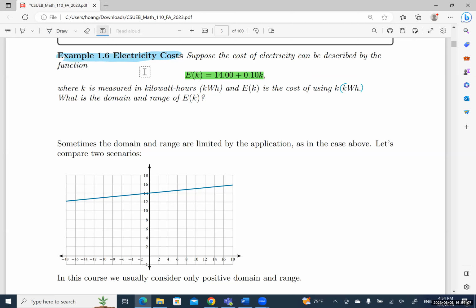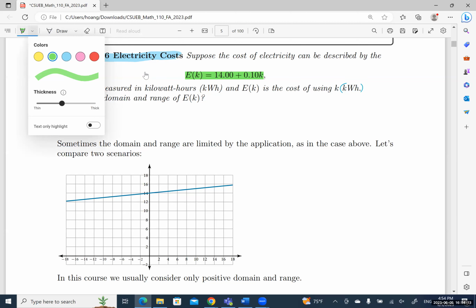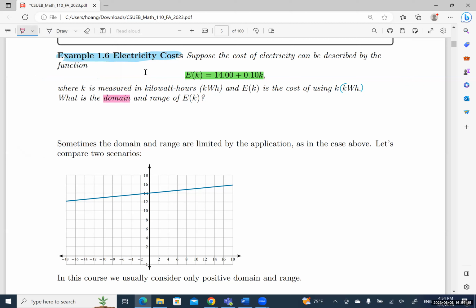Since we talk about domain, let's highlight here domain. And since we talk about range, right? So domain, in order to find the domain, what is the smallest K can be? Input in here is K, right? So what is the smallest K can be in real life?